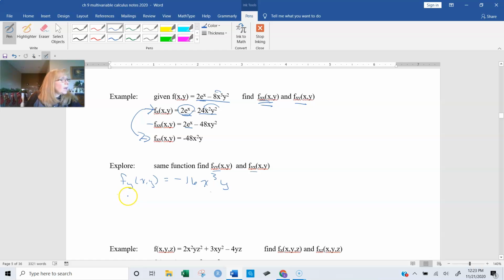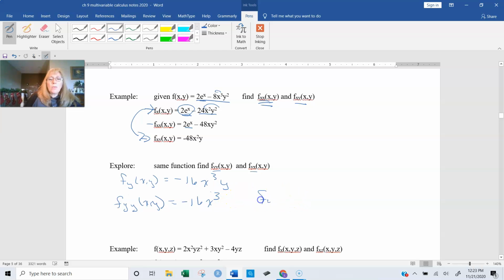Next, we're going to do f_yy. Now there's a 1 here, so this is just a negative 16x cubed. All right, I hope you did a good job. Okay, now I want to do f_yx. Well, to do f_yx, we're starting off with f_y again, nothing different here.